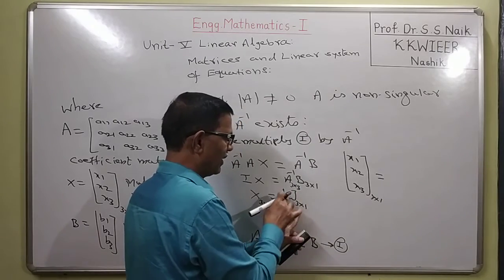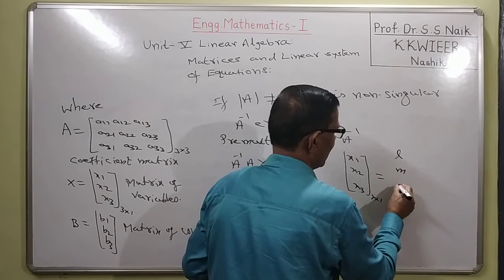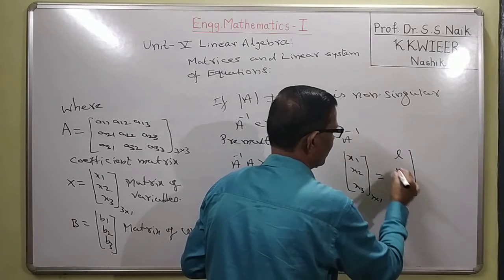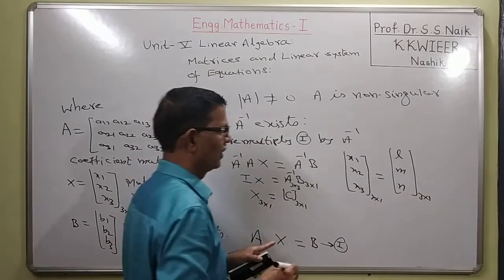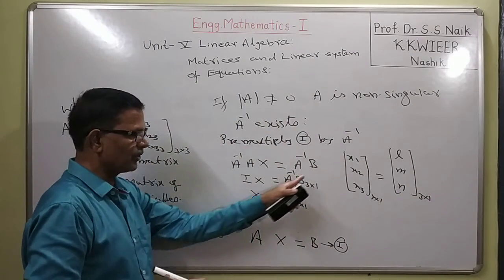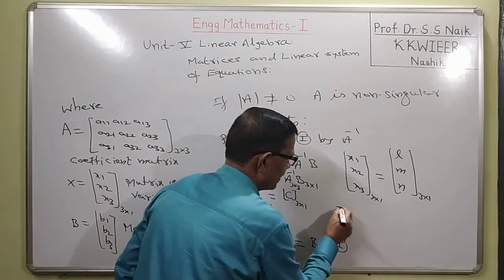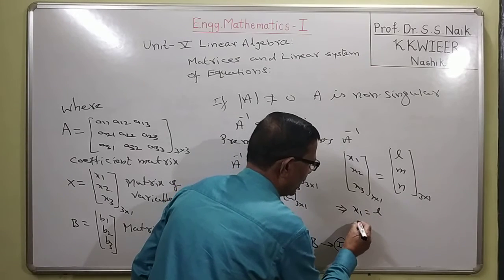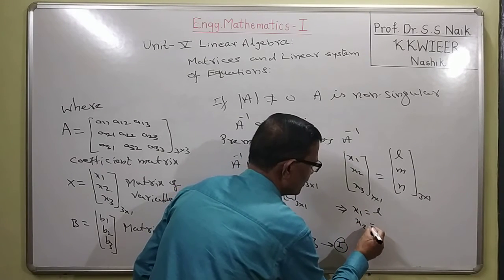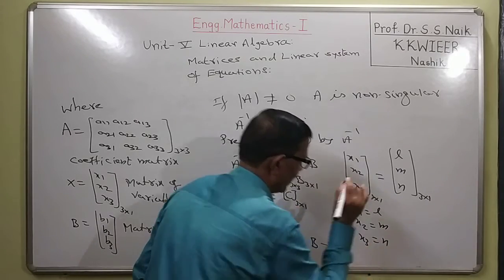That C is given by a 3 by 1 matrix, say for example L, M and N. These two are equal if and only if the corresponding elements are equal. That implies X1 is equal to L, X2 is equal to M and X3 is equal to N.